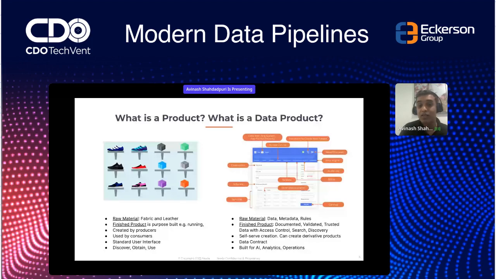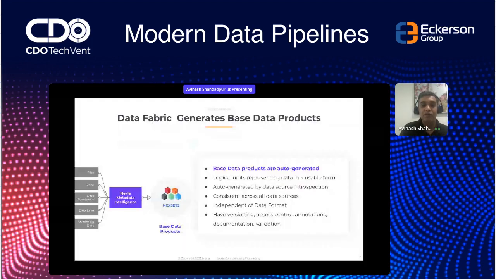But at a very, very fundamental level, no matter where your data lives, this data product looks and feels exactly the same. And that's what we're going to talk about on the next slide: how do you generate data products? Now, all of us have multiple different data systems within our organization. To generate these data products, you need this concept of metadata intelligence, and that's a layer that we have built in our product, which allows us, no matter where your data lives, to connect to it, do a quick check on how those data products look, and generate them via introspection.